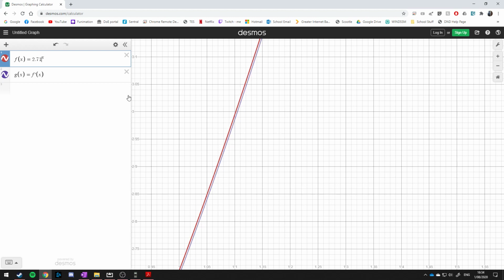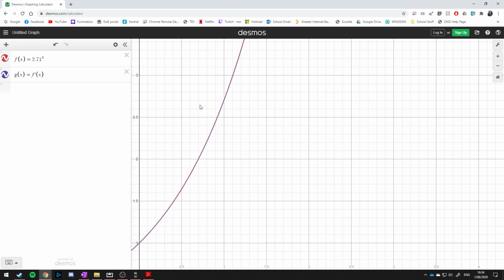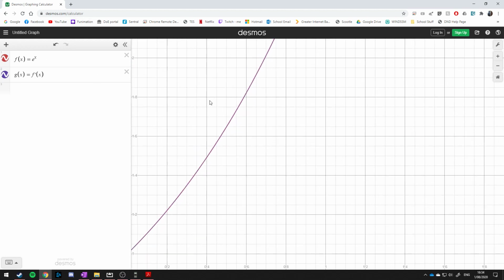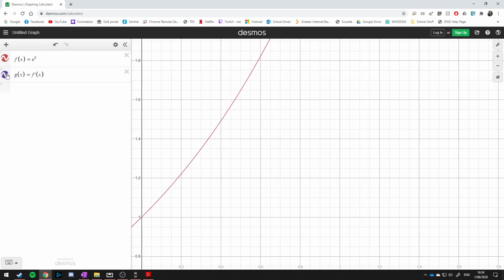We essentially get to this number, and that number is called Euler's number, known as e. This value of e approximates to 2.711828, okay? It refers to the exponential function whose derivative is exactly the same.